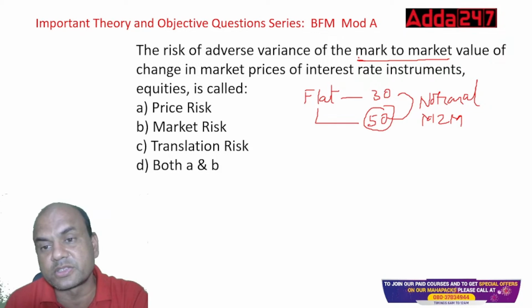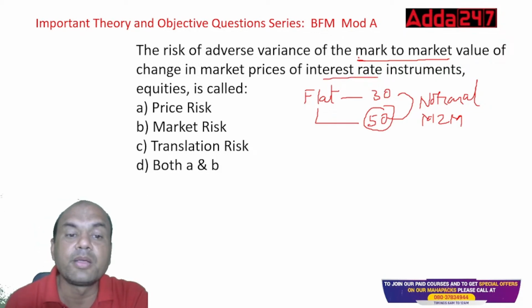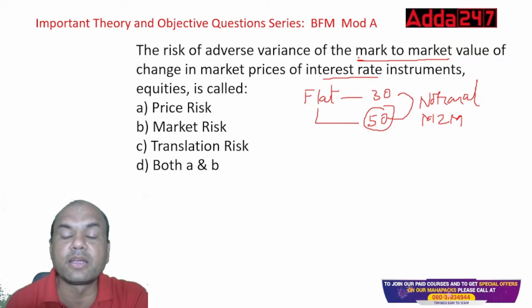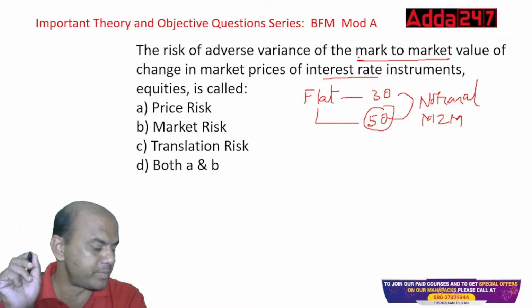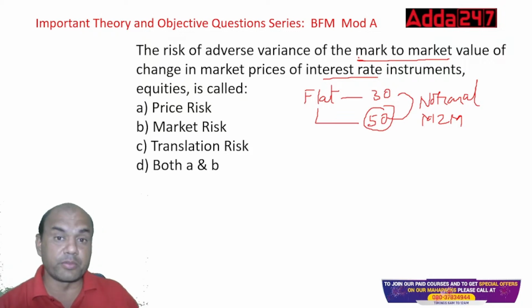So the risk of adverse variance of mark to market value of change in market price in the interest rate instruments is called: price risk, market risk, translation risk, both A and B? Let me get it from you first.